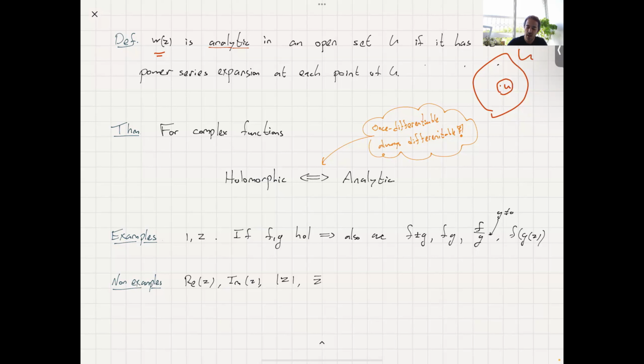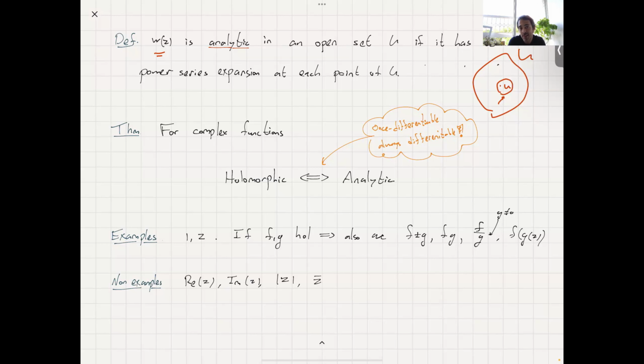Around every little u in capital U, you'll have some ball of positive radius so that you can Taylor expand or do a power series expansion around that point. That's why you need the openness of capital U.